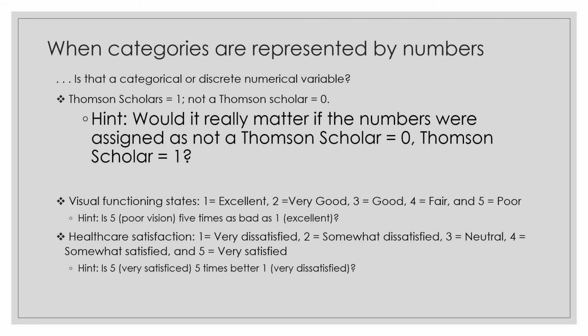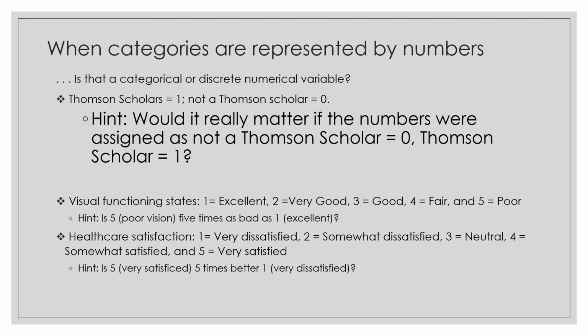And the second example, visual functioning states. We can assign the number 1 to 5 for different visual performance. In this case, is the number 5 poor vision 5 times as bad as the number 1 having excellent vision? And the third example, healthcare satisfaction.